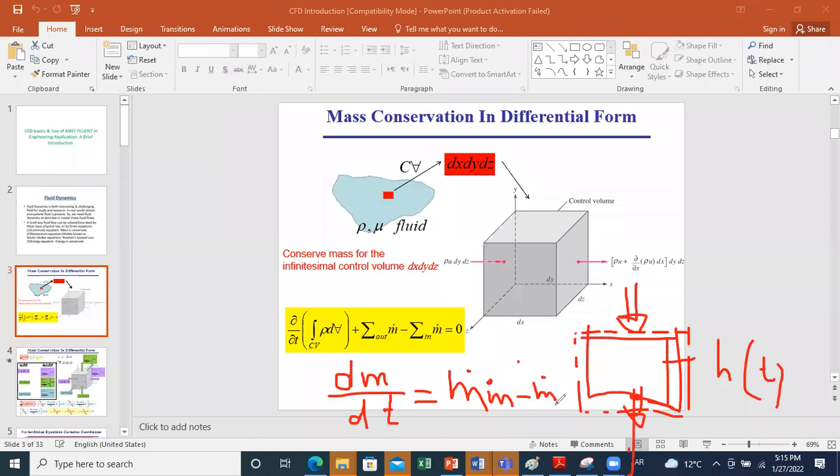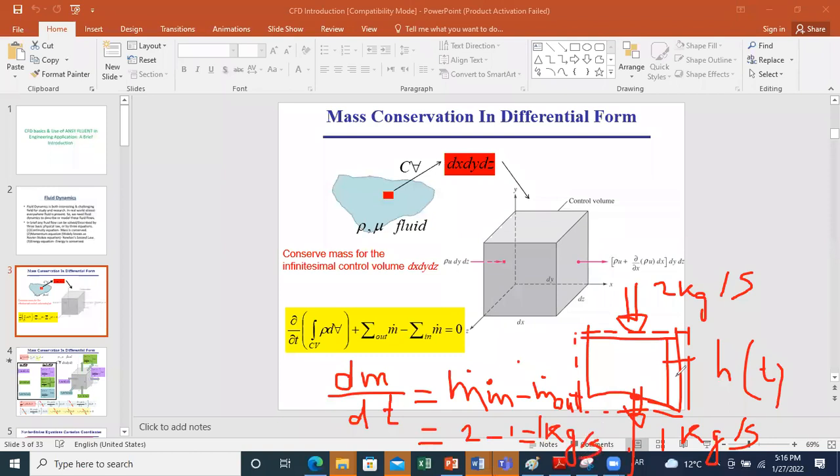And if I give you the flow rate, for example, if I tell you that you have 2 kilograms per second coming in and 1 kilogram per second getting out, then the variation of mass with time is 2 minus 1, equal to 1 kilogram per second. So the mass of water in this reservoir is increasing at a rate of 1 kilogram per second.